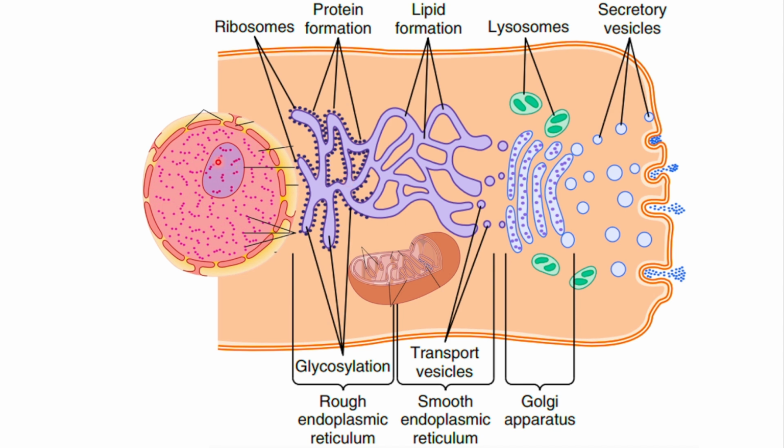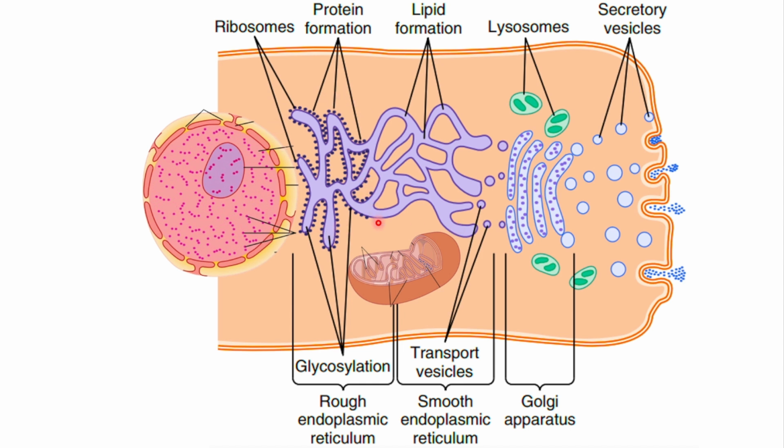Now, DNA forms the RNA, and the RNA goes to the cytoplasm, and there the RNA on the ribosomes results in formation of proteins. Now, where are the ribosomes located? This is the nucleus, and this structure is the endoplasmic reticulum. This is the rough endoplasmic reticulum, and this is the smooth endoplasmic reticulum.